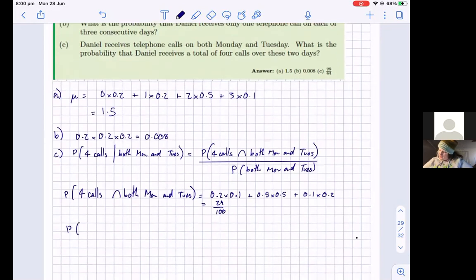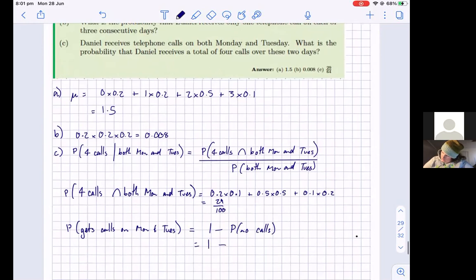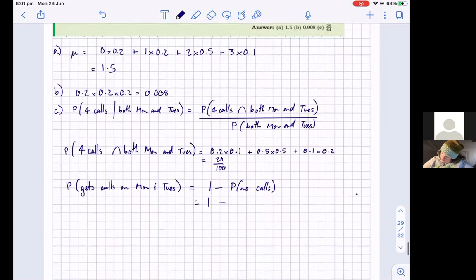The probability that he actually gets calls on both Monday and Tuesday is 1 minus the probability of no calls. So it's 1 minus 0.2 times 0.2.